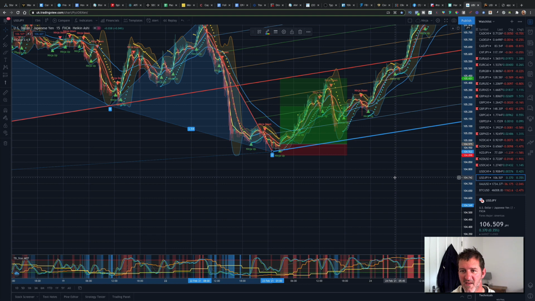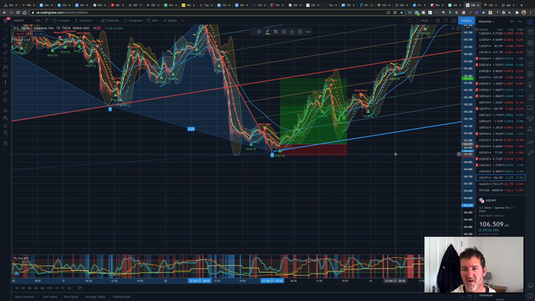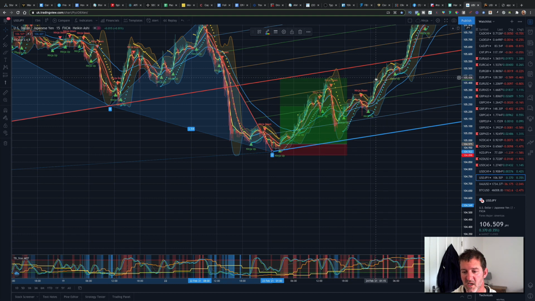It actually hit there, which was just over 24 hours. And if that was risking 1%, I then made 5%. So about 24 hours, but I would have made 5% on my account.